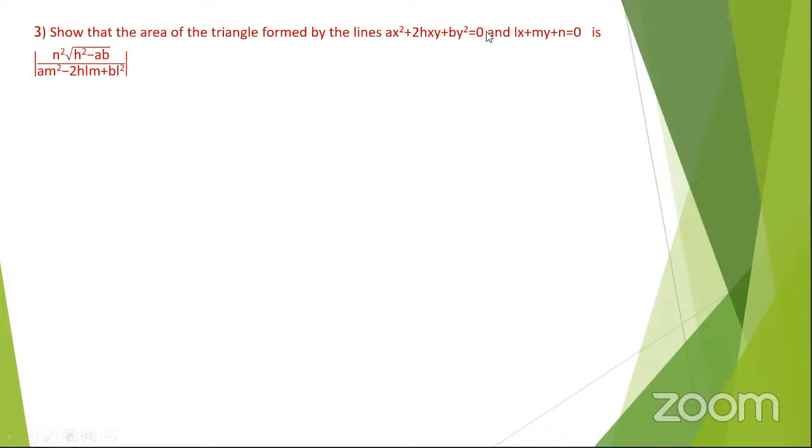So we need to show that the pair of straight lines and the given line form a triangle, and the area of that triangle is n² √(h² − ab) / (am² − 2hlm + bl²).